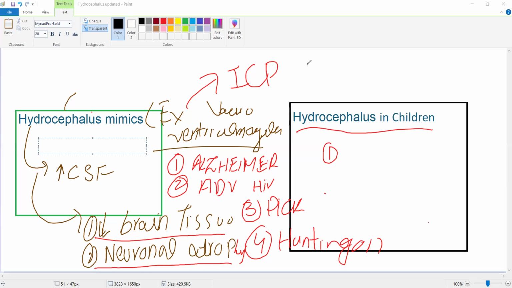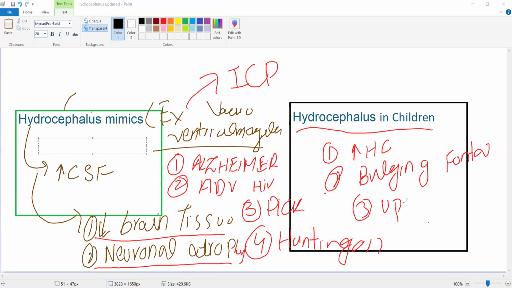Okay, so in hydrocephalus in children, there is increased head circumference, bulging fontanelle, and upward gaze impairment, and many more, right?